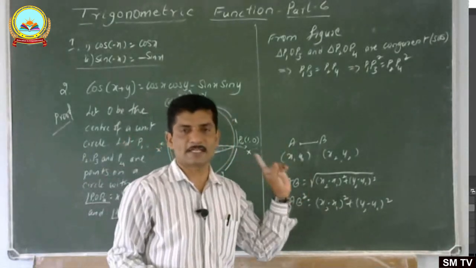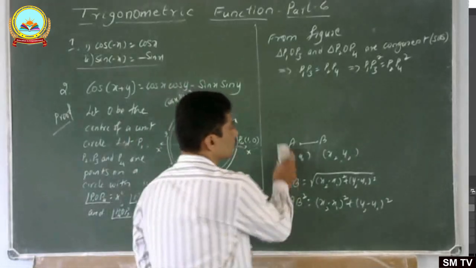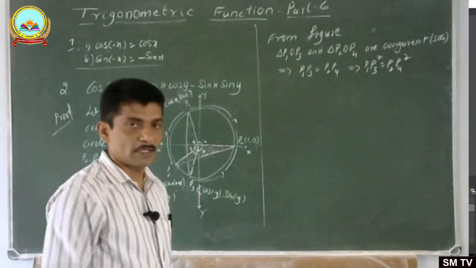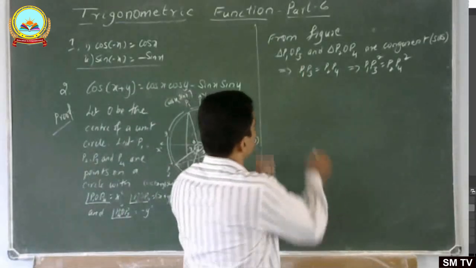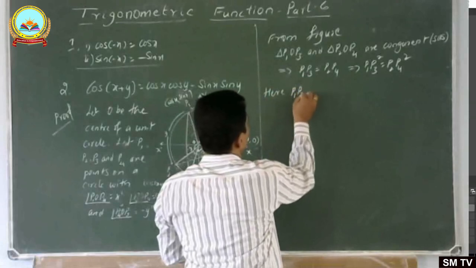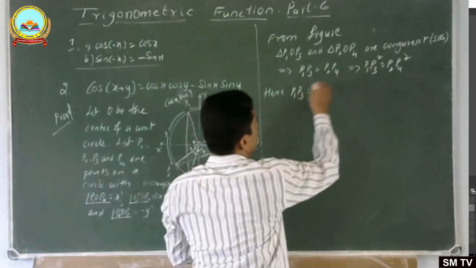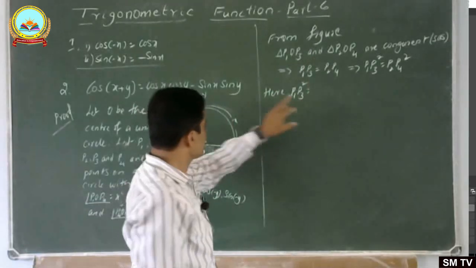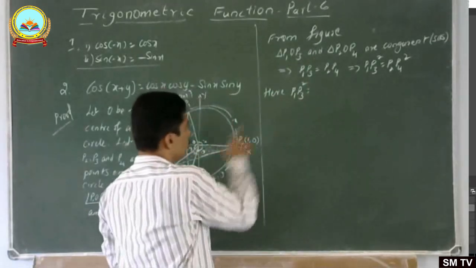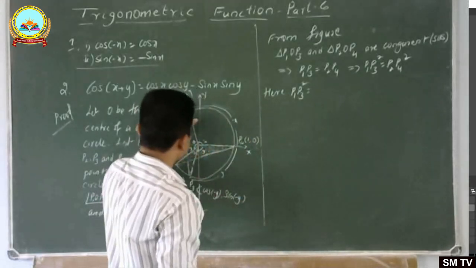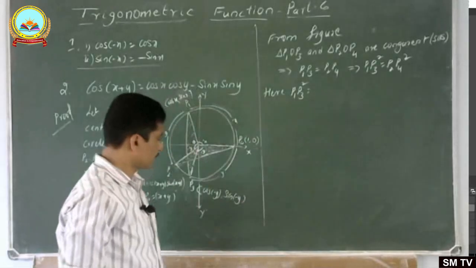Here also P1, P2, P3, P4 are coordinate points. Therefore, for the distance P1P3, squaring means the root is cancelled, so P1P3 whole square. What is P1? Cos x comma sin x, that is x1 comma y1.